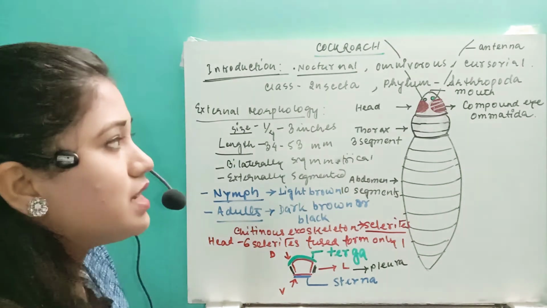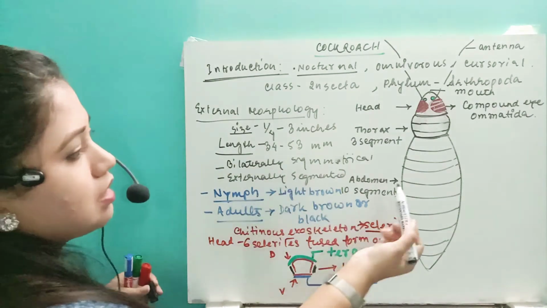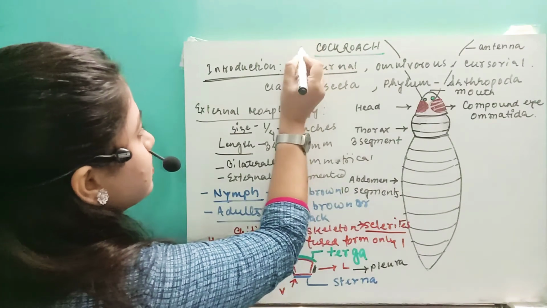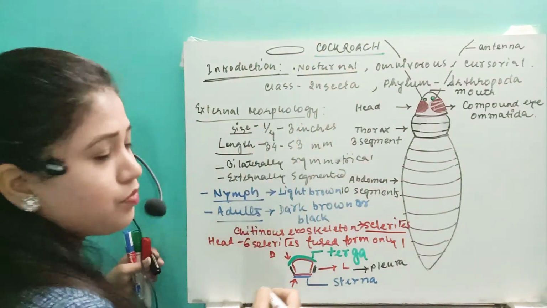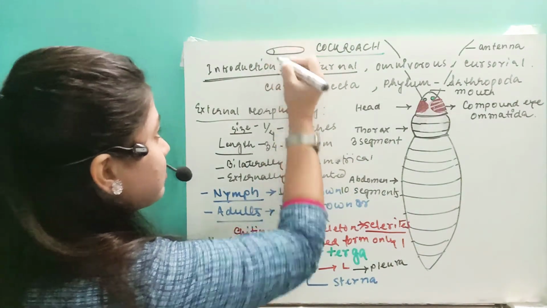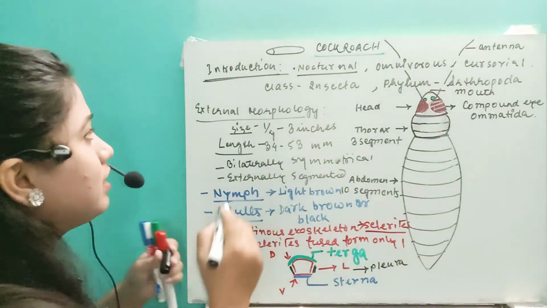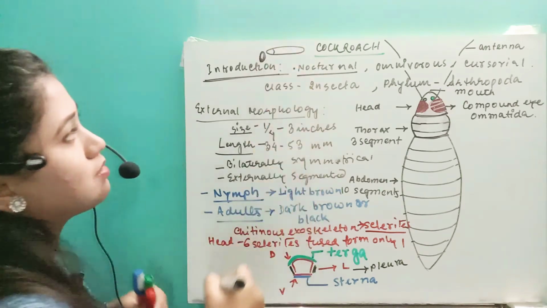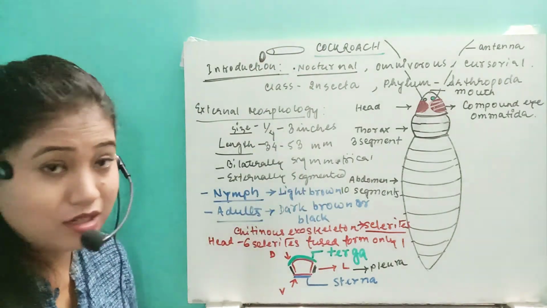Now if you see the head, suppose this is the organism. If you want to see the lateral side, suppose this is the lateral side, right? So this is the abdomen, this is the thorax. The head is present at a right angle actually. The head is present downward. Understand?